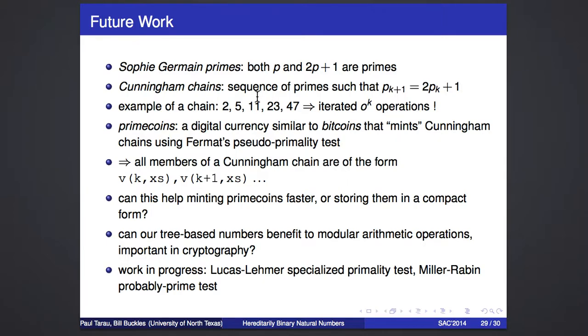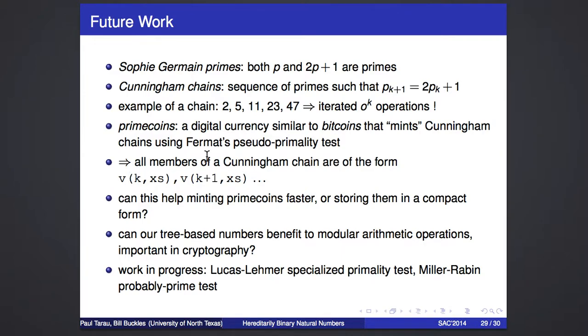So this brings us to a surprising potential application, prime coins. That's a digital currency similar to bitcoins that mints Cunningham chains using Fermat's pseudo-primality test rather than using the one-way hash functions that are used in mining bitcoins. So what we notice here is that all members of a Cunningham chain are of this form. They are V, K, XS, and K plus 1 XS, and so on.